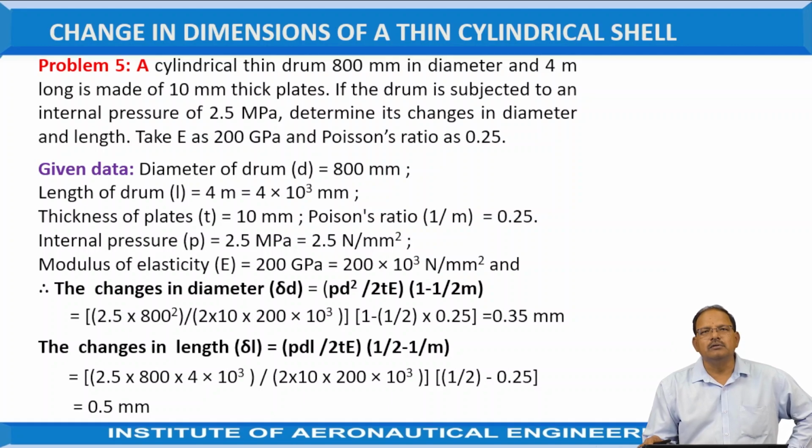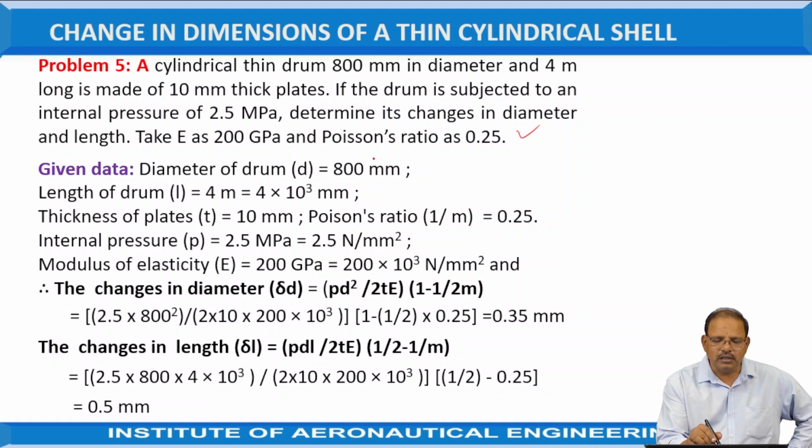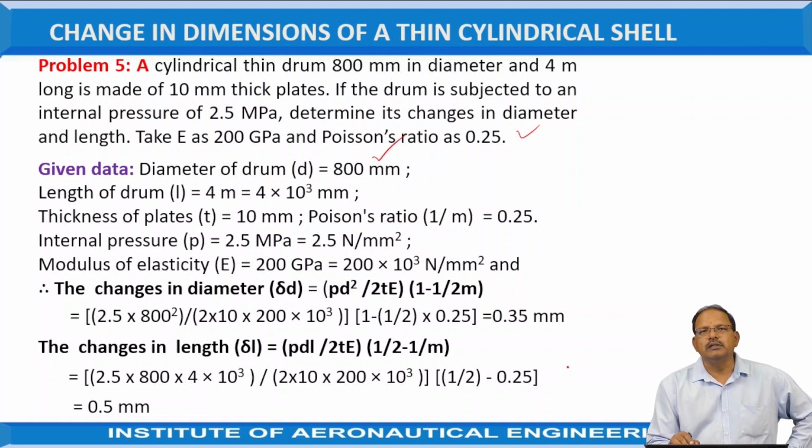Take E, that is Young's modulus, equal to 200 gigapascal and Poisson ratio 0.25. From this problem the given data: the diameter of the drum is 800 millimeters and the length of the cylinder is 4 meters.